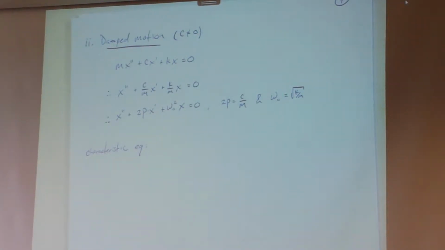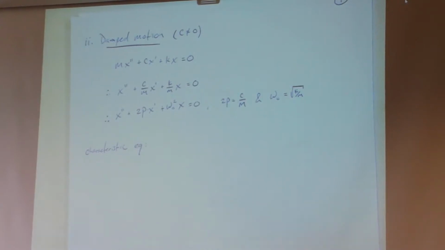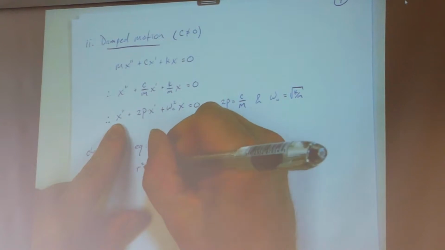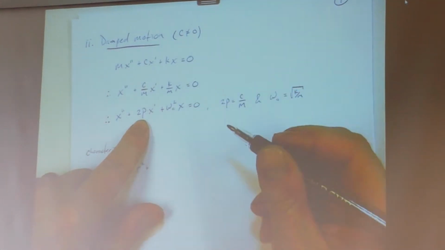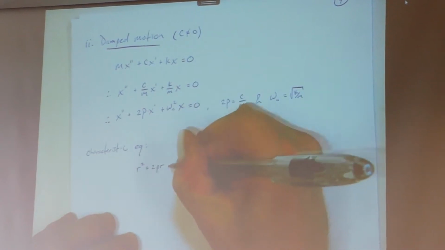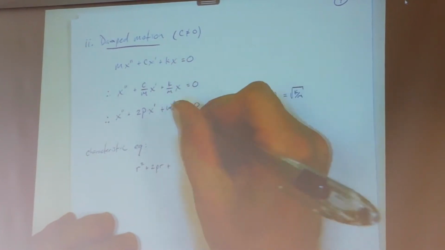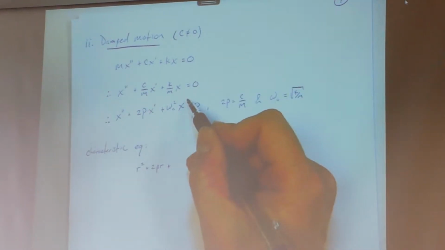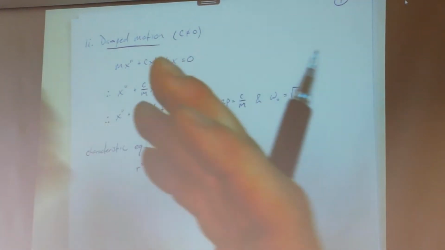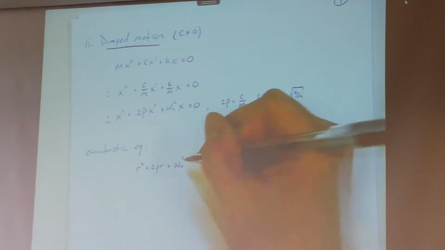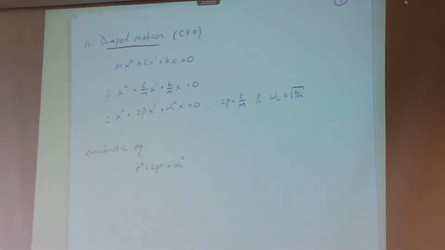Then the resulting characteristic equation: the second derivative is alone, so I'd have r squared plus 2pr plus omega naught squared, because there are no derivatives on the last term, so we factor out the e to the rt. We have omega naught squared equals 0.